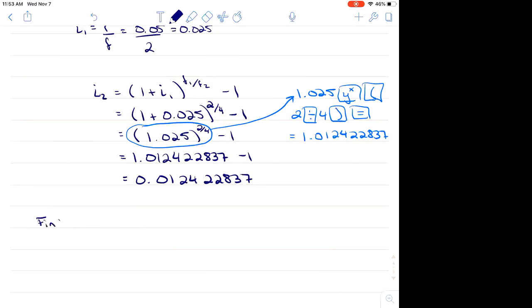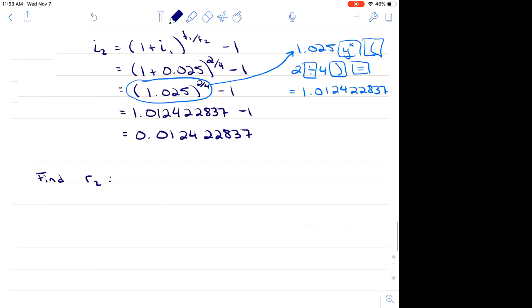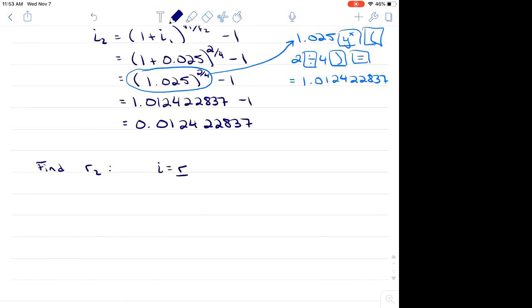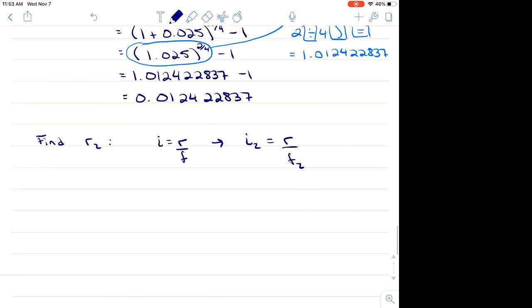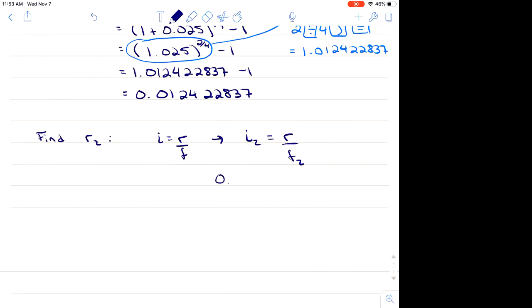So now find R2. I is still R over F. Or in this case, I2 is R over F2. So we've got 0.012422837 is R over, what do we say, 4?